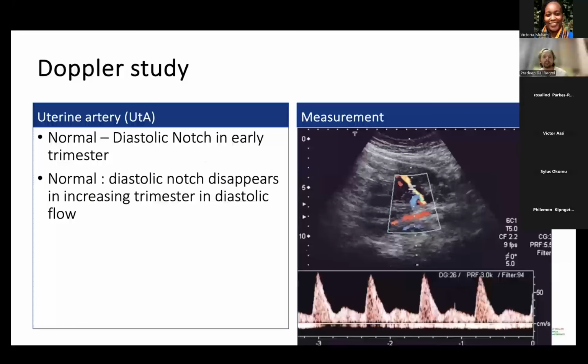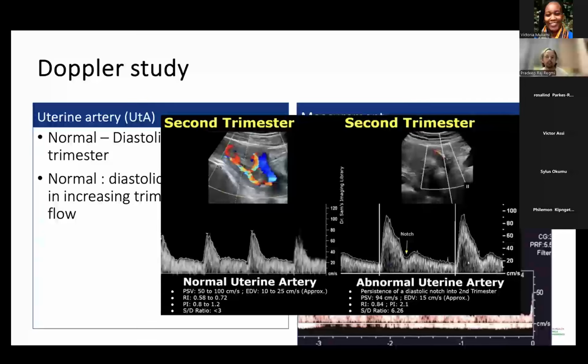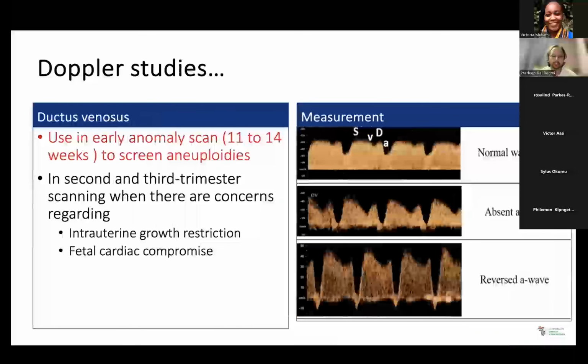The uterine artery is also done in the early trimester for prediction of preeclampsia. These are the things which can be integrated in our ultrasound machines. Another is the ductus venosus. It is also hard to get. So if a model can auto-segment it, it can definitely help for intrauterine growth restriction or fetal cardiac compromise.